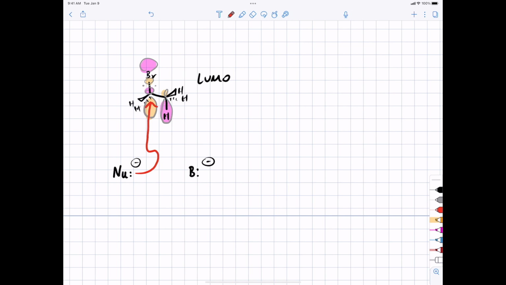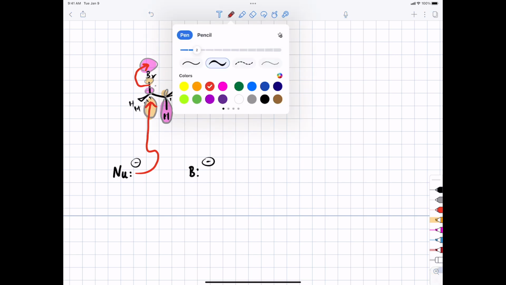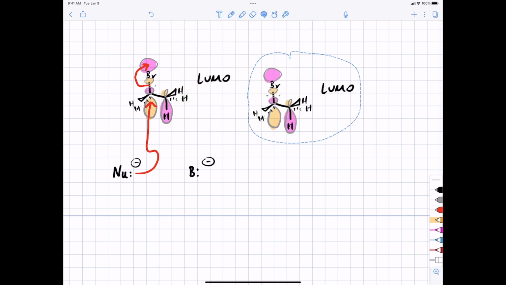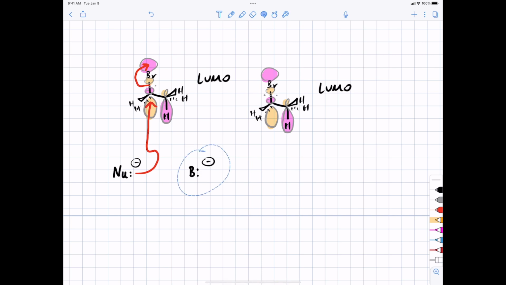A nucleophile will attack there, and when you attack at the carbon, you attack the sigma star, the carbon-leaving group bond breaks. Alternatively, a base can attack the LUMO at the beta proton.